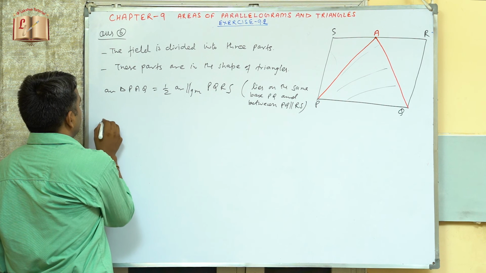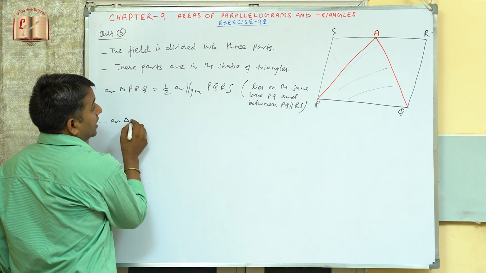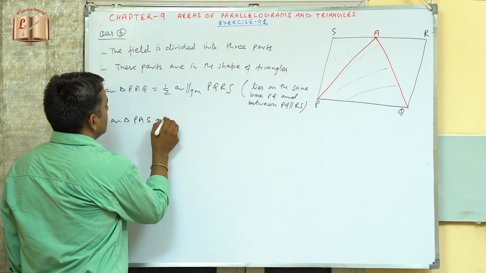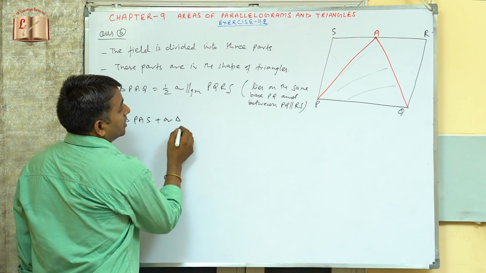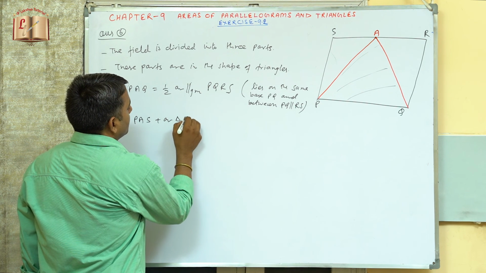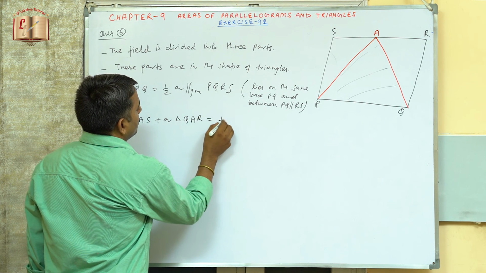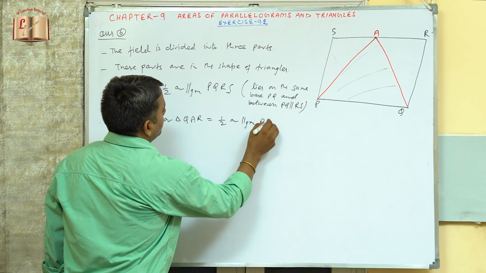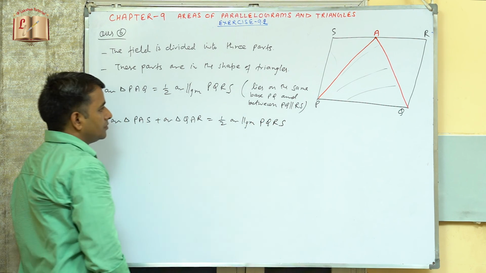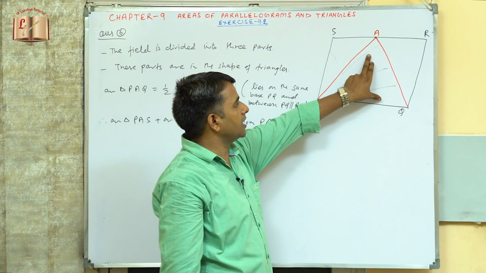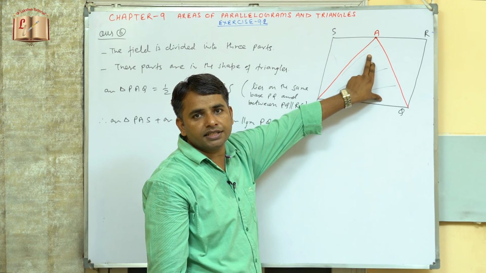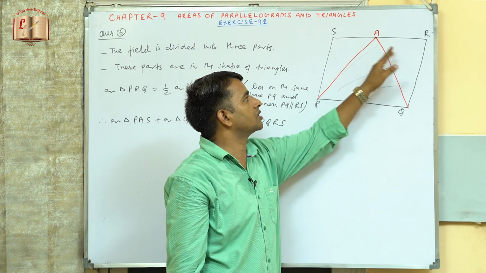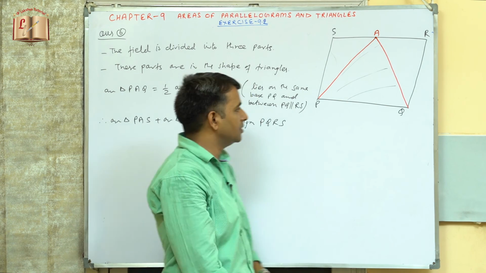Now we can say therefore area of triangle PAS plus area of triangle QAR will be equal to half of area of parallelogram PQRS. अभी ये ट्रायंगल की एरिया क्या है, हाफ ऑफ द PQRS है, ये हाफ एरिया निकल गई, तो इन दोनों की एरिया को अगर हम सम करेंगे it will be equal to the half of the area of the parallelogram.